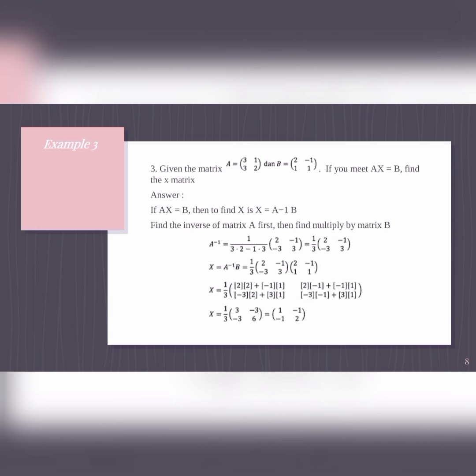And the result of X is 1 over 3 matrix 3 minus 3 minus 3 6, which is matrix 1 minus 1 minus 1 2.